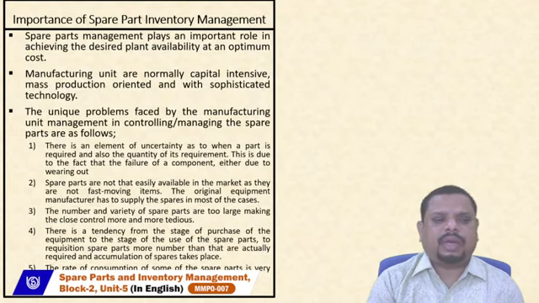There is an element of uncertainty as to when a part is required and also the quantity of its requirements. This is due to the fact that a component may fail due to wearing out.